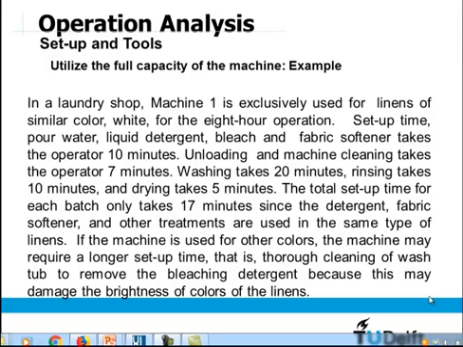If the machine is used for another color, it may require a longer setup time. It is sure that there is thorough cleaning of the wash to remove the bleaching detergent, because this may damage the brightness of the color of the linens.